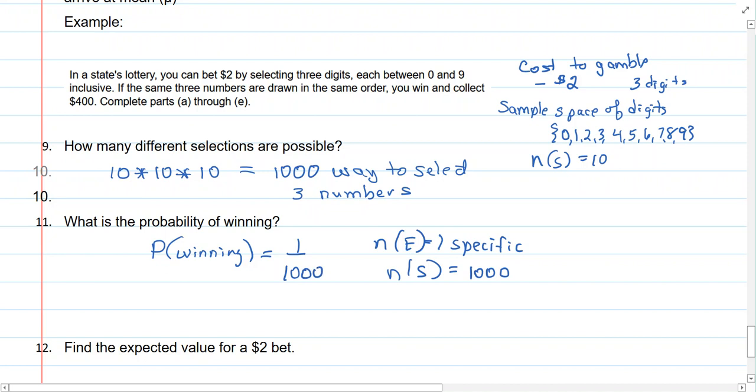So that's our probability of winning this particular 3-number lotto. Now we want expected value.